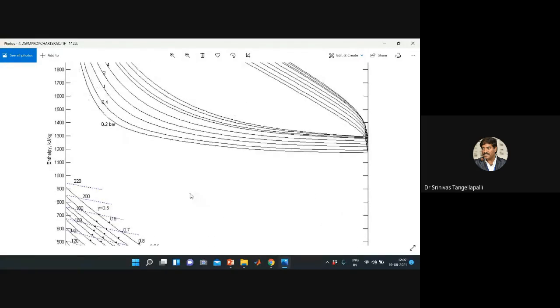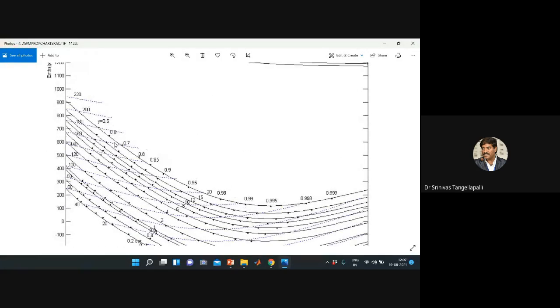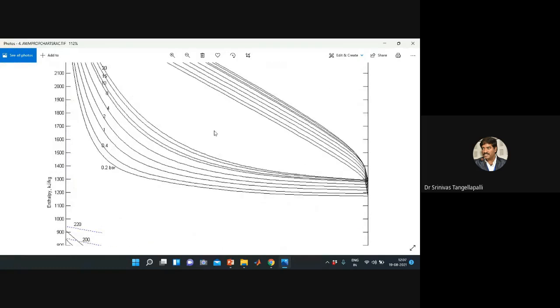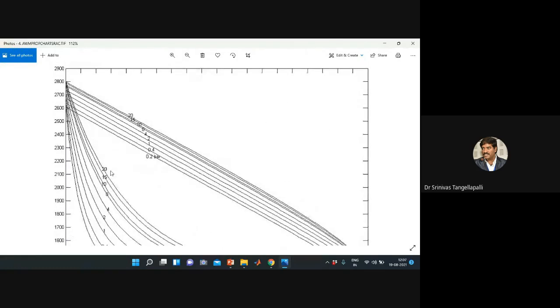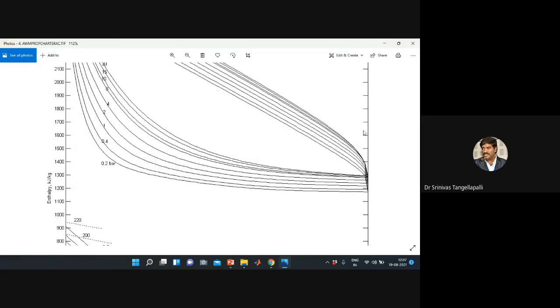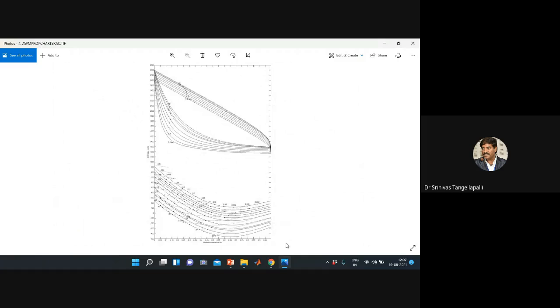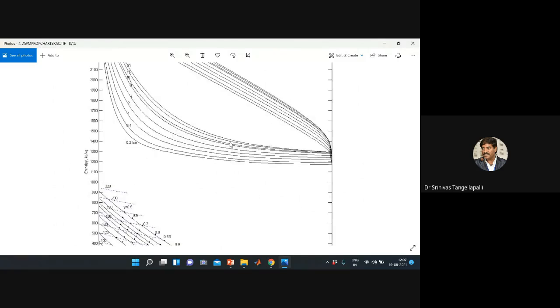Now pressure has been changed from 0.2 to 20 bar. That's why you are able to see a family of curves that I call the enthalpy concentration chart. According to your convenience, you can refer either to the tables or this chart.